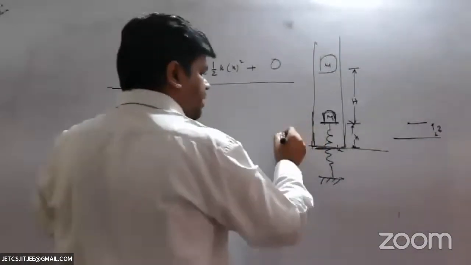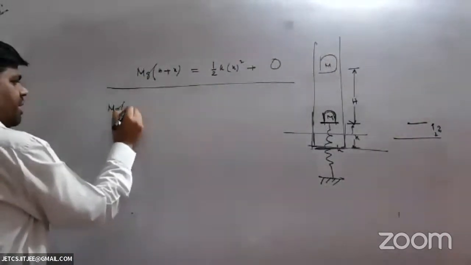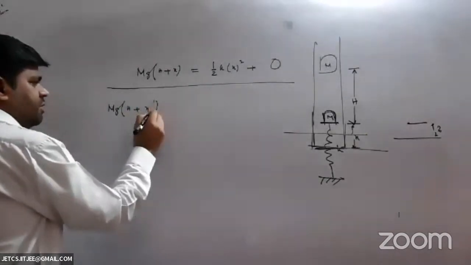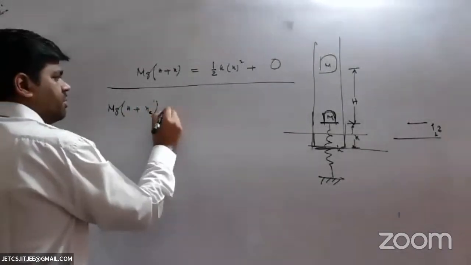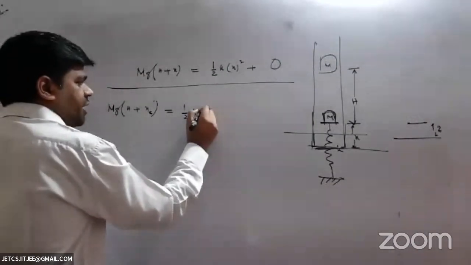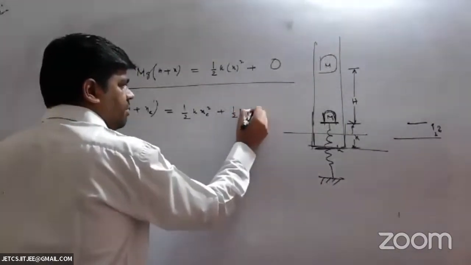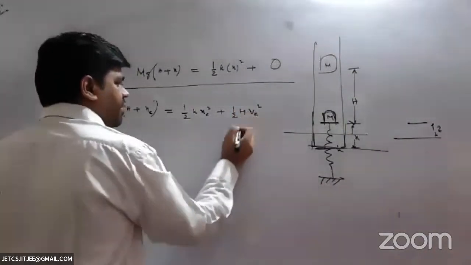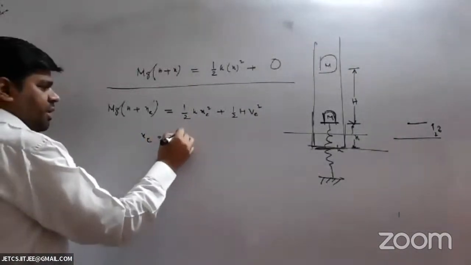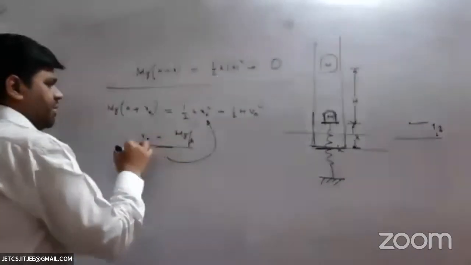I'll write the energy conservation equation at equilibrium. So I'll have mg into h plus x prime, that's equilibrium position xe, is equal to half k xe square plus half m ve square. Now what is xe? Xe is mg by k. Just substitute this xe over here, you'll get the answer.